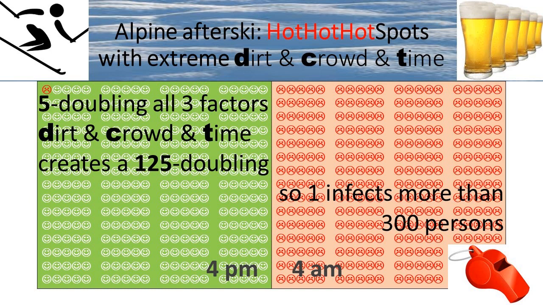We see that a 5 doubling of all three infection factors will create a 125 doubling, so that one will infect more than 300 persons at an afterski party.